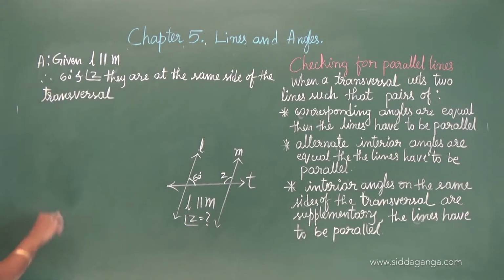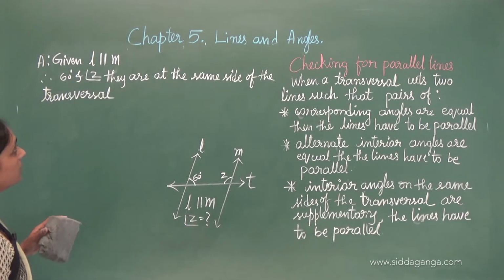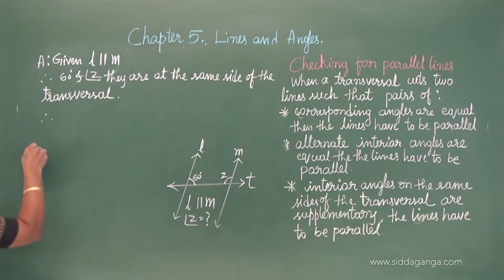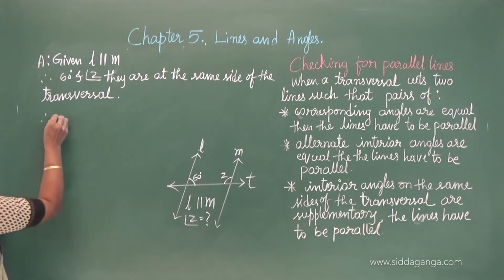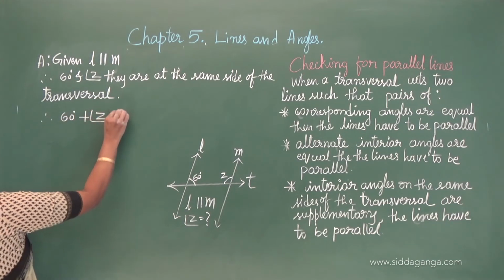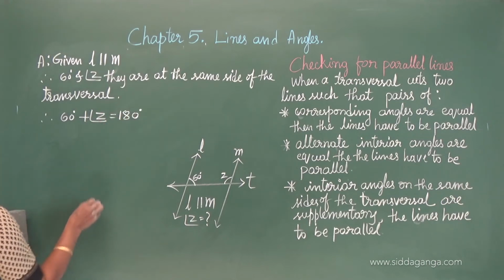So they lie at the same side of the transversal. Therefore, those two make 60 degrees plus angle Z is equal to 180 degrees.